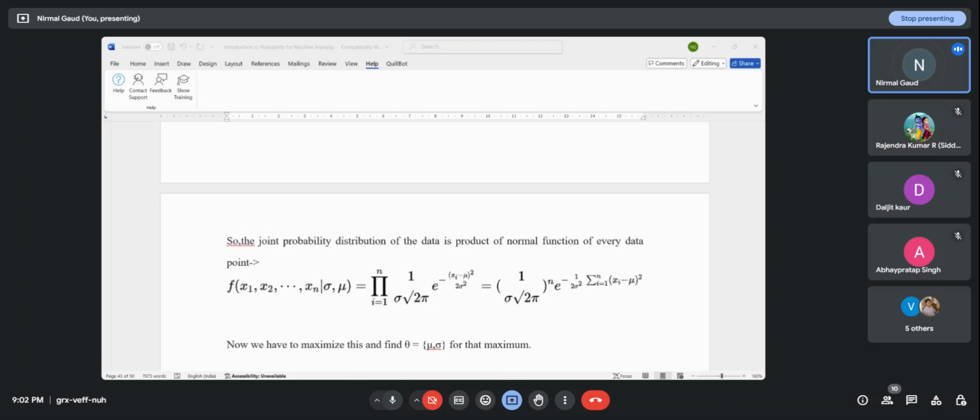Now the next important concept that we have to study is information theory. Let's study information theory. It is the next topic after probability.